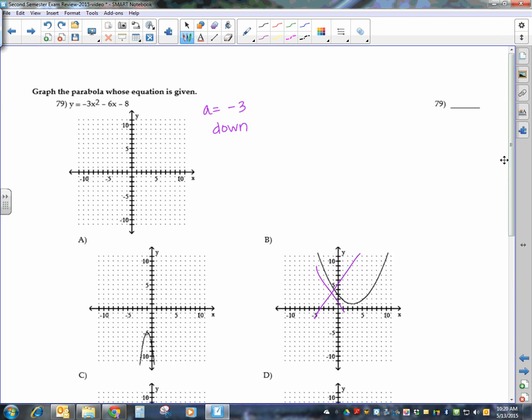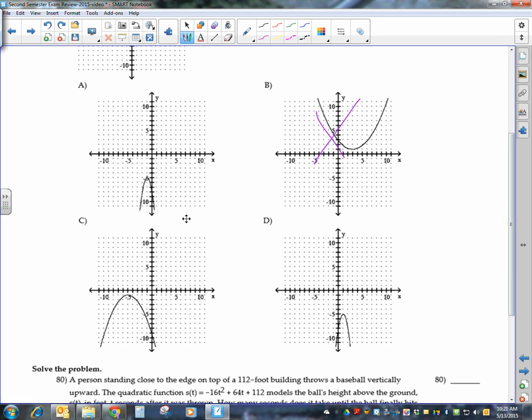The other thing we looked at quickly was your y-intercept, which is 0, negative 8. So let's see if all those have 0, negative 8. That's 0, negative 8, and that looks like 0, negative 9, or it's 8, okay? So we'll go with that.